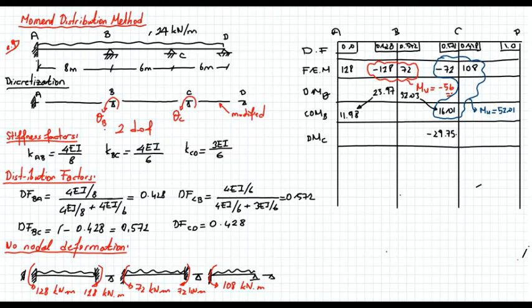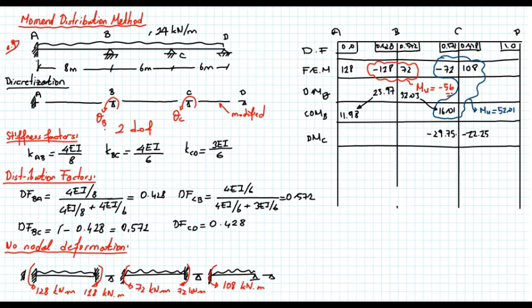This is minus 22.25. Now, there's a rotation at C, right? Because of the unbalanced moment. And this rotation caused a moment at BC that's equal to minus 29.75 and minus 22.25 at member CD.